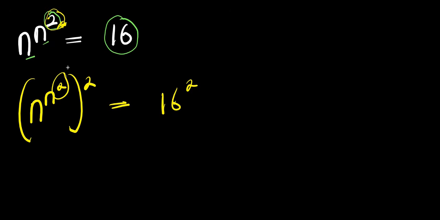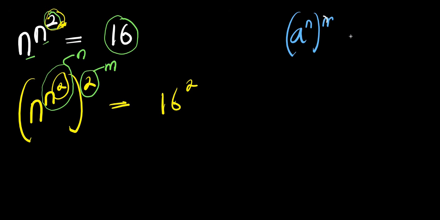The next trick we are going to take is to consider n to the power of 2 as a single unit. Maybe this can represent n, and this will also represent m. So if we have a to the power of m all raised to the power of n, this is just like writing a to the power of n all raised to the power of m.